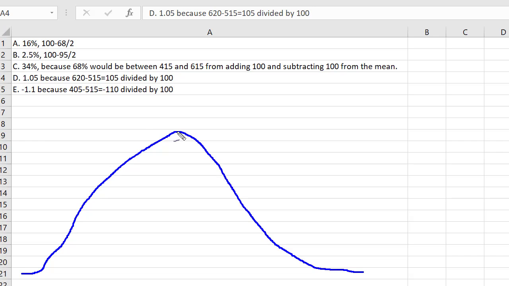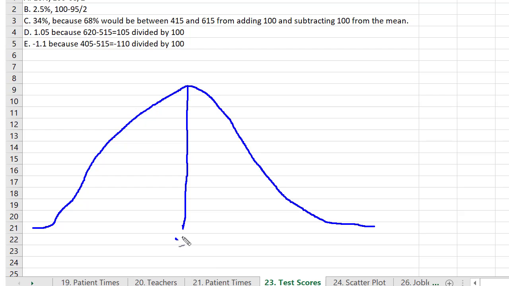In the middle, that represents the mean. Scroll down a little here so you can see it all. Try to draw an X bar here for you.